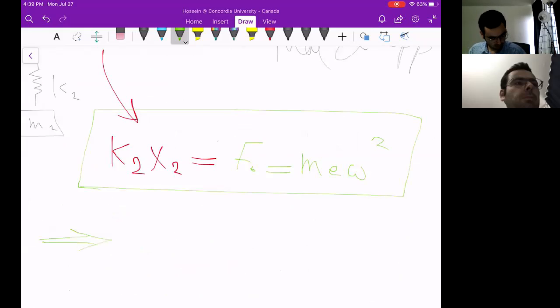Therefore, X2 would be M E omega squared over K2.